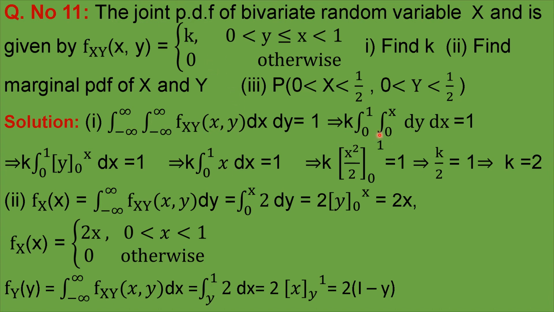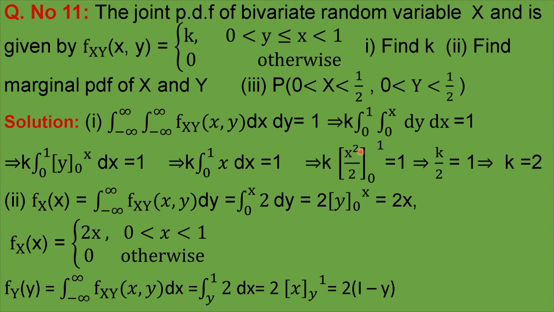Keeping k outside the integral sign, k into that double integral is equal to 1. The integral of dy is y, difference at the upper limit x and lower limit 0, which is x minus 0, or x. So k into the integral from 0 to 1 of x dx is equal to 1.